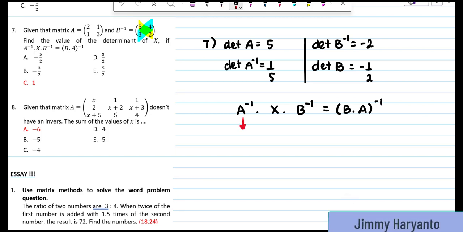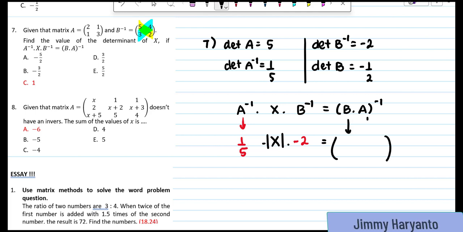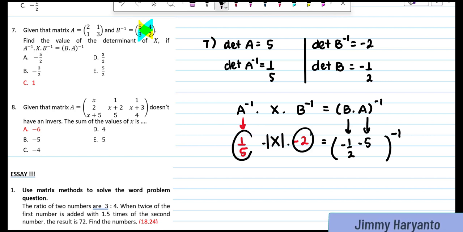That means this one will be determinant of A inverse, 1 over 5, and then times it with the determinant of X. Sorry, this one is not X, yeah, the determinant of X. And then determinant of B inverse will be negative 2 equals to determinant of B times determinant of A. Determinant of B is negative half, determinant of A equals to 5, and then we still have inverse at the outside of the bracket. And then I want to multiply this one first.